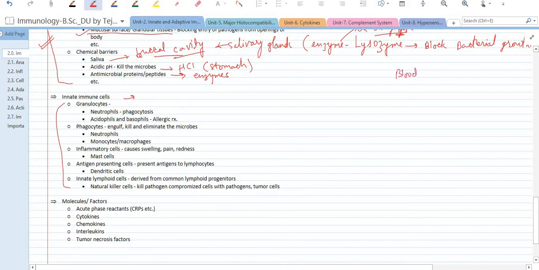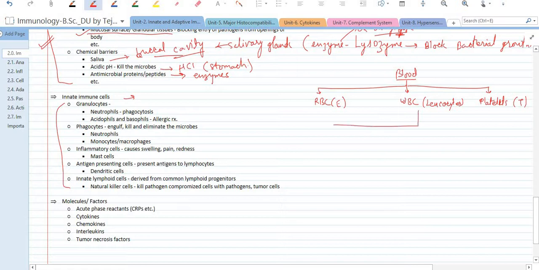Actually, blood has three types of cells, you know very well, and these cells are RBC, WBC, and platelets. RBC are called erythrocytes, WBC are called leukocytes, and platelets are called thrombocytes.